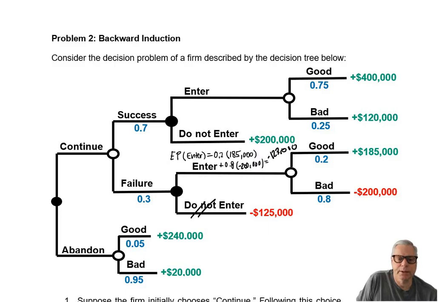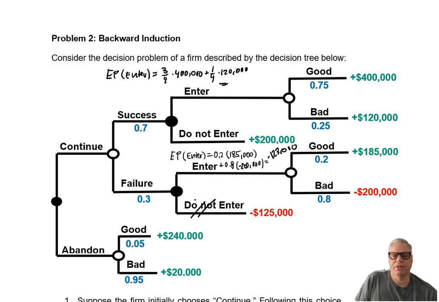Let's write the expected payoff of enter again. That is 0.75 or 3/4 times 400,000 plus 1/4 or 0.25 times 120,000.